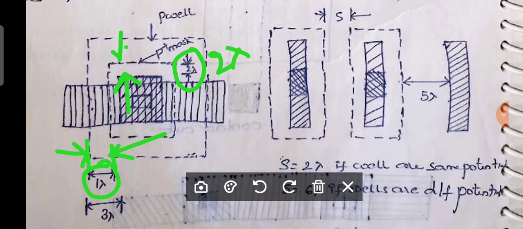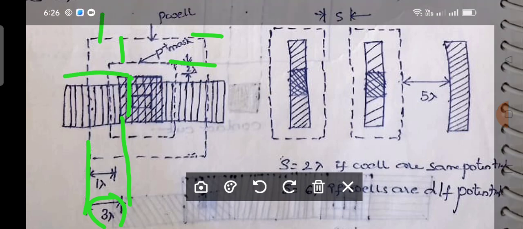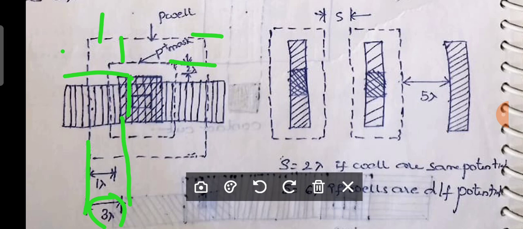And the minimum separation between contact area and P well is equal to 3 lambda. A very important point you have to note here is the separation between mask and well is 1 lambda. The separation between mask and contact area is 2 lambda, and the separation between contact area and well is 3 lambda.